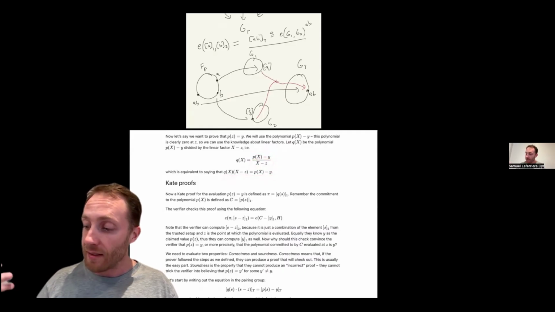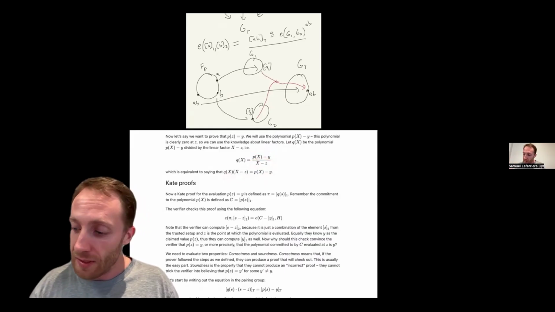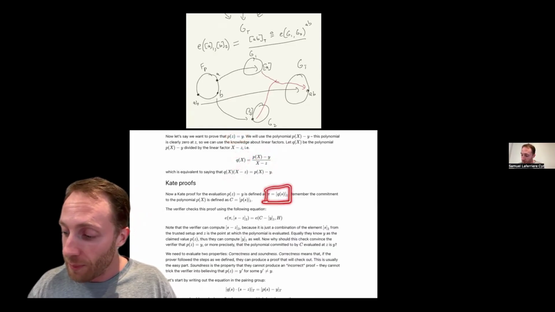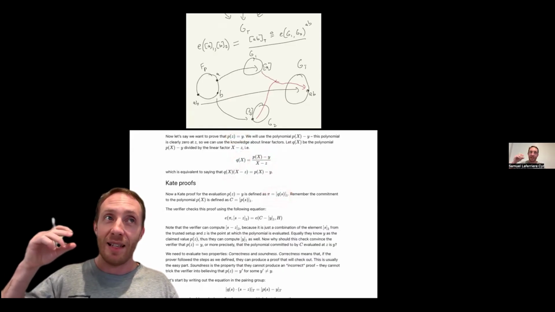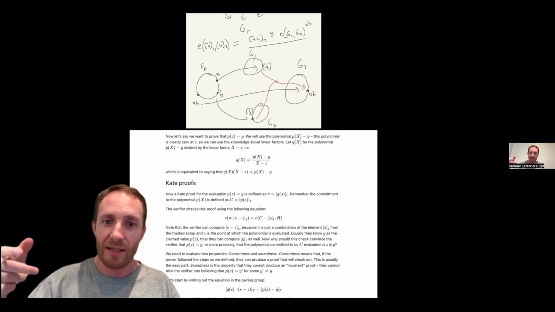And then the proof for this fact will be the commitment of Q(s). So the proof pi is the embedding of the evaluation of Q at point S.